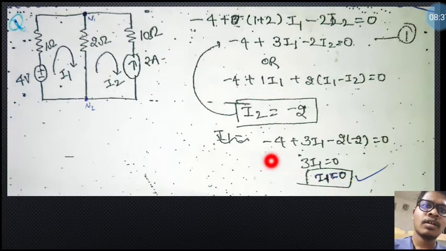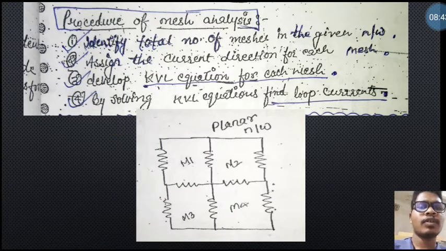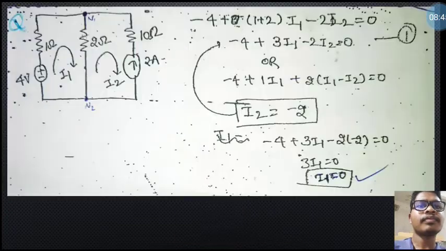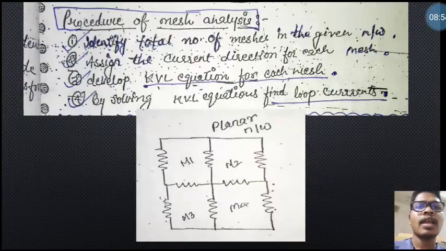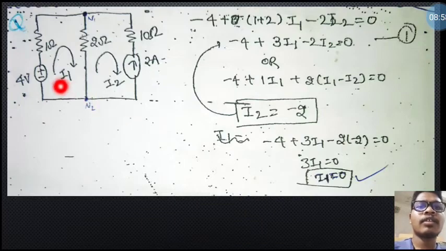So both the I1 and I2 currents will be found from mesh analysis by applying this procedure. First, we will identify the mesh, how many meshes are there. So there are 2 meshes. After that, assign the current direction. We assign the current direction in clockwise direction only.